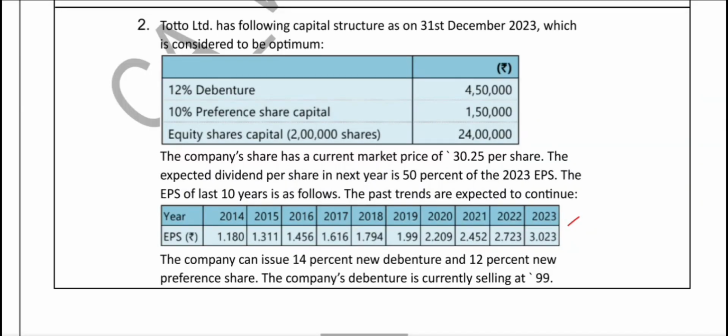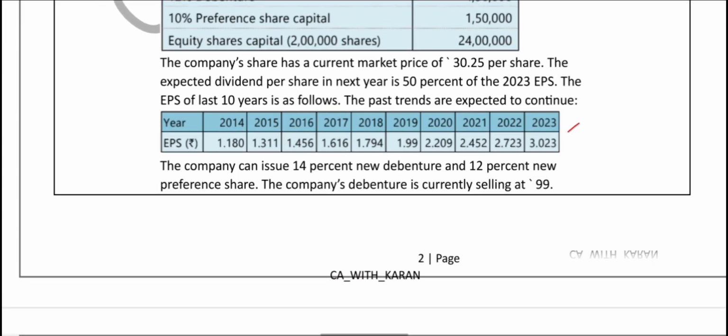The second question, they have given that Toyota Limited has the following capital structure as on 31st December 2023, which is considered to be optimum: 12% debentures, preference, and equity share capital. The company share has a current market price of 30.25 per share, and the expected dividend per share next year is 50% of the EPS of 2023.